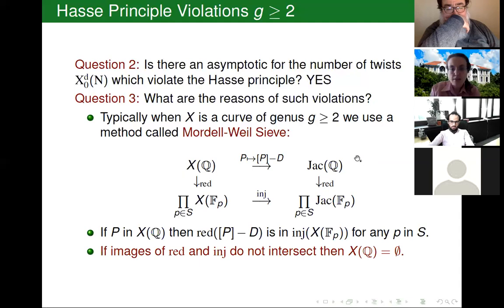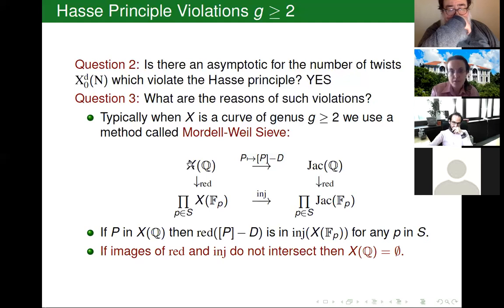And so you have these reductions on the left and right and injections on the top and bottom. And this is the commutative diagram. So if you start with a P in this XQ and follow these arrows and come to this corner on the rightmost down here, and you do the same thing via the other path, then they must intersect.